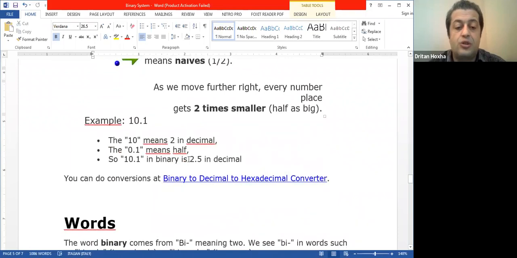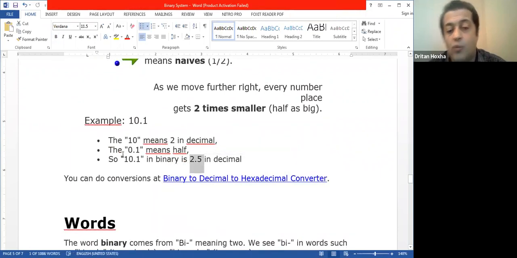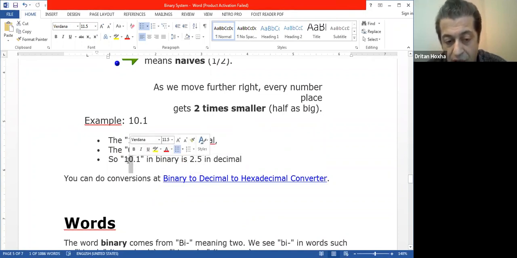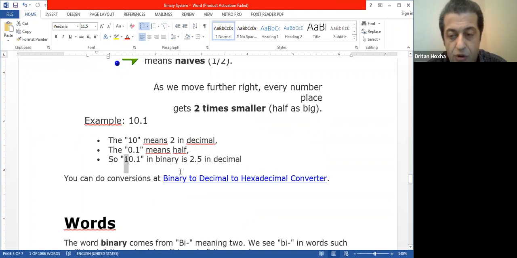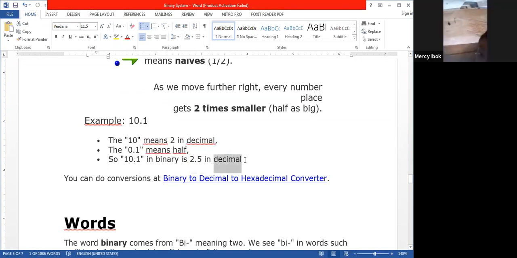This is 2.5 in the decimal system. Why? Because this position shows the units and this position shows the twos. So we have 2 here, and here we have the half after the decimal point. So we have 2.5 in the decimal representation.